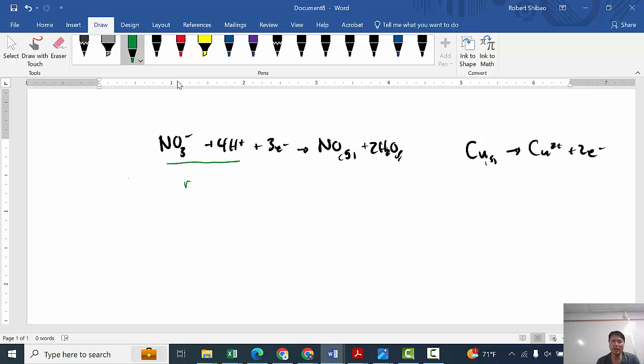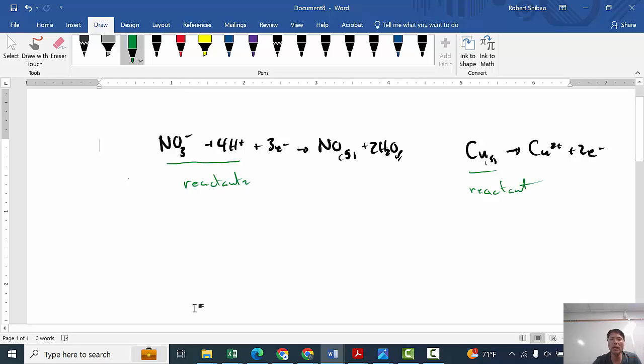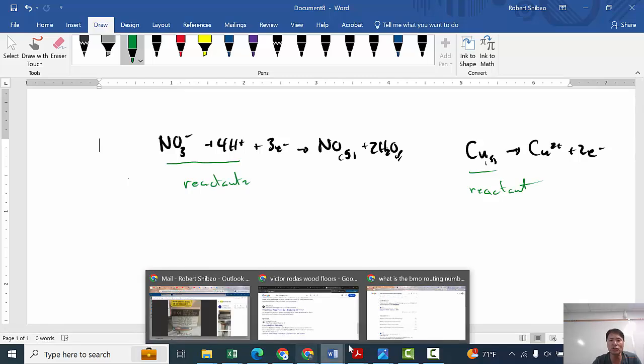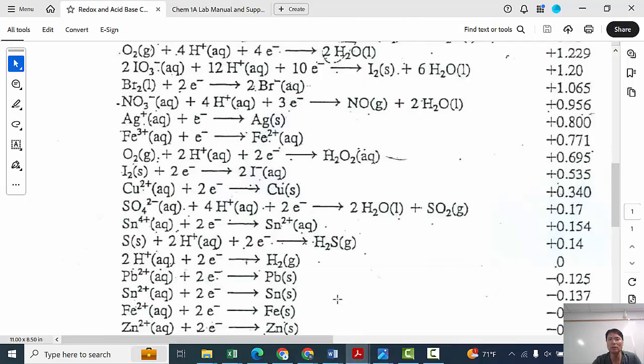So we have these as the reactants here. We're just continuing. Is this where we left off last time? Okay, copper is a reactant here. But what I had to do was reverse the equation on the chart. If I take a look at the chart, I have copper as a product here, but the reactant is copper 2 plus.